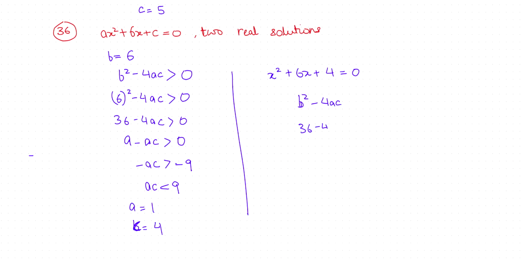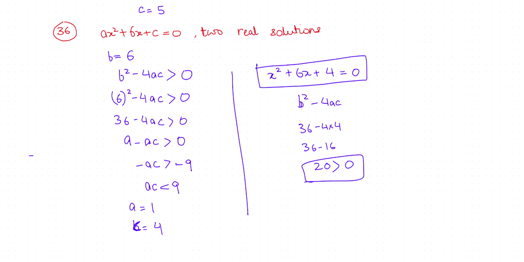So 36 minus 16, which is 20, which is greater than 0. So we will have two solutions. There can be many solutions to this question. We can have multiple values of a and c. They should be just less than 9. Okay, so this equation is one of the equations which will give two real solutions.